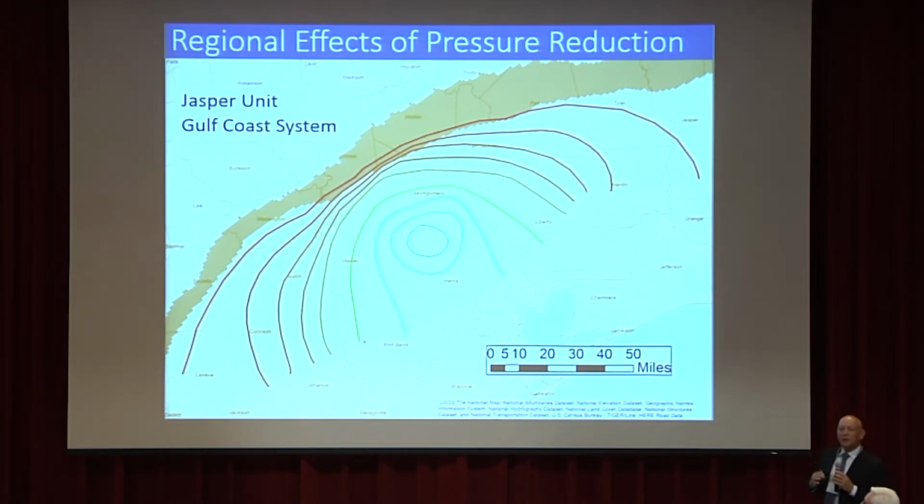I talked about the extent of the pressure reduction. Here's an example of the Jasper. If we put a well field in North Harris County and produce 20,000 acre feet per year for 30 years, this is the example of the type of pressure reductions that can occur or be predicted to occur in that formation.